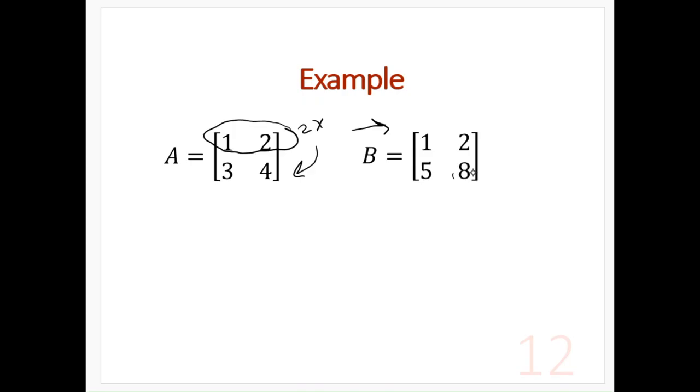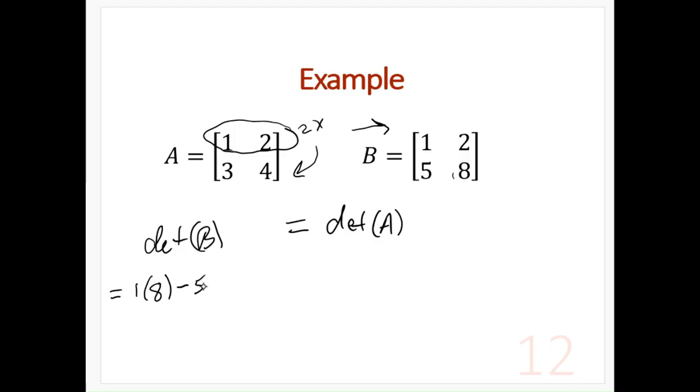Now for this relationship, we should have that determinant B, in this instance, equals determinant A. For determinant B, that is going to equal 1 times 8 minus 5 times 2. That's going to be 8 minus 10. That is going to be negative 2. And for determinant A, we're going to have 1 times 4 minus 2 times 3. That's going to equal 4 minus 6. Oh, wow. That one also equals negative 2.